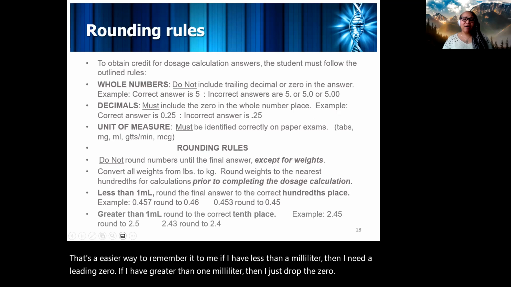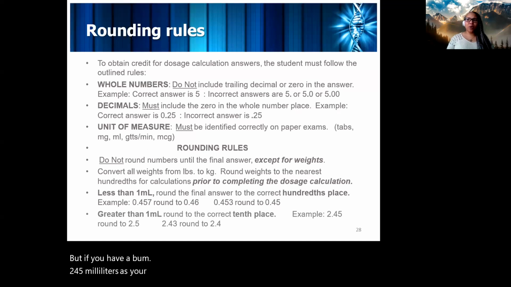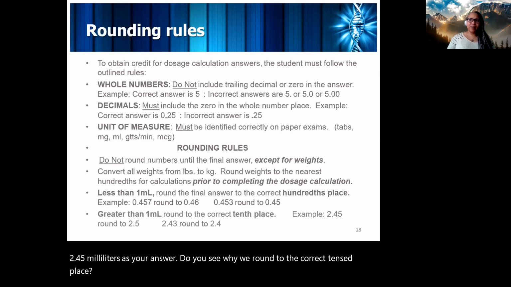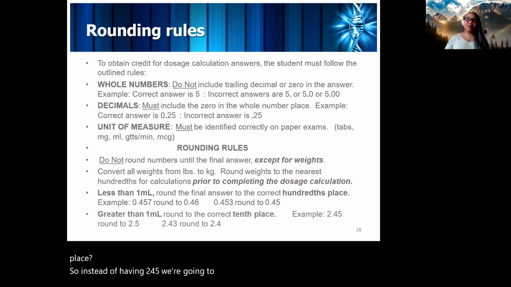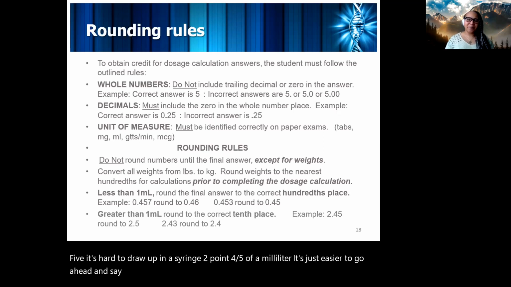But if you have 2.45 milliliters as your answer, do you see why we round to the correct tenths place? So instead of having 2.45, we're going to have 2.5. It's hard to draw up in a syringe 2.45 of a milliliter. It's just easier to go ahead and say 2.5.